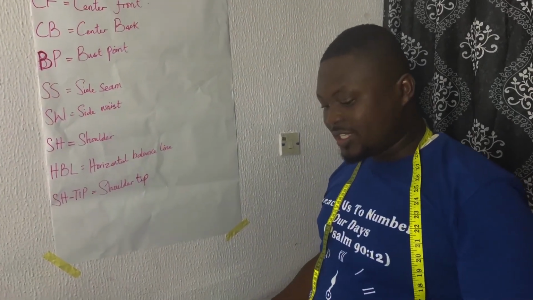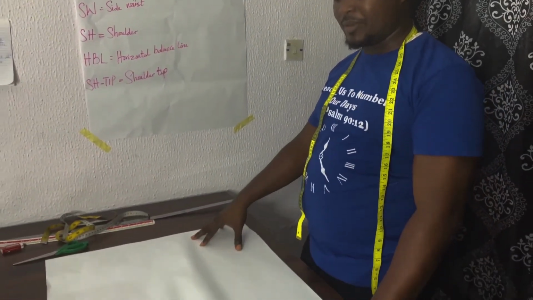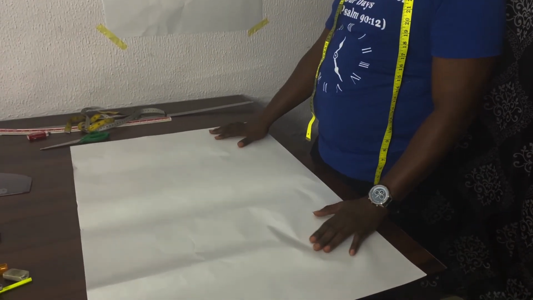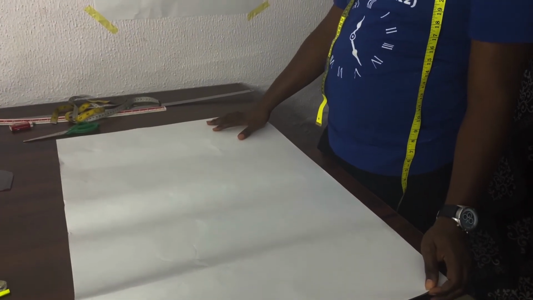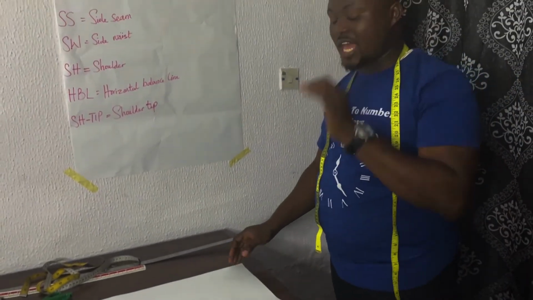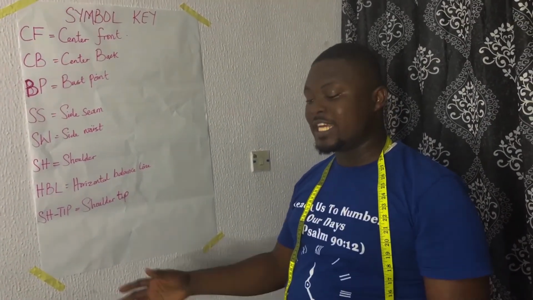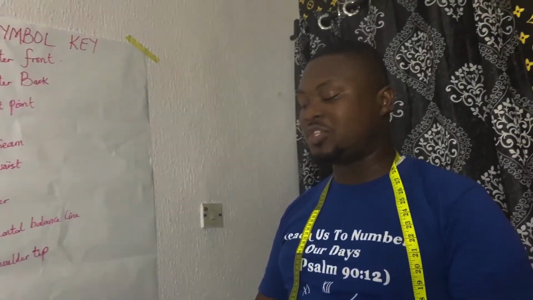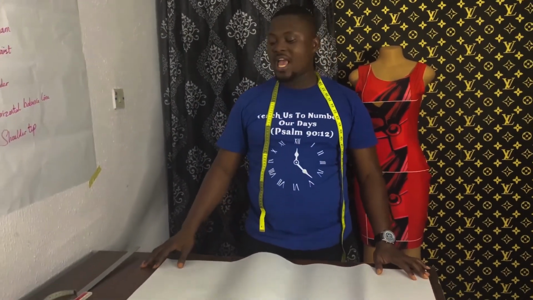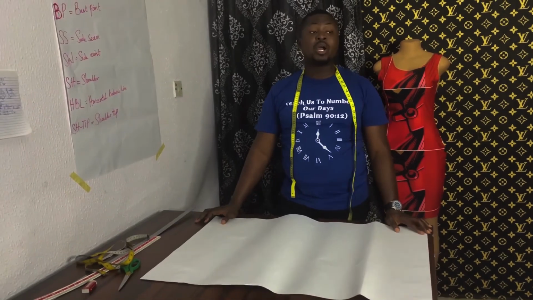On this table right now, I have my pattern paper. In past videos, I introduced us to the tools that are essential in pattern drafting, of which this paper is one. The length of this paper is about 36 inches and the breadth is about 24 inches.